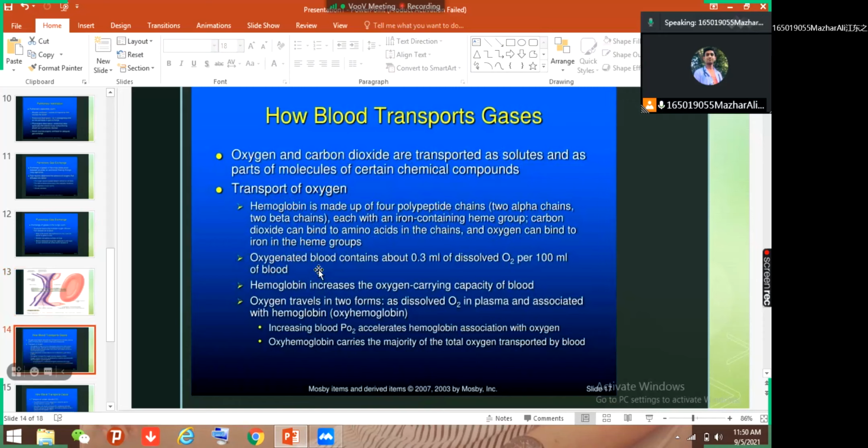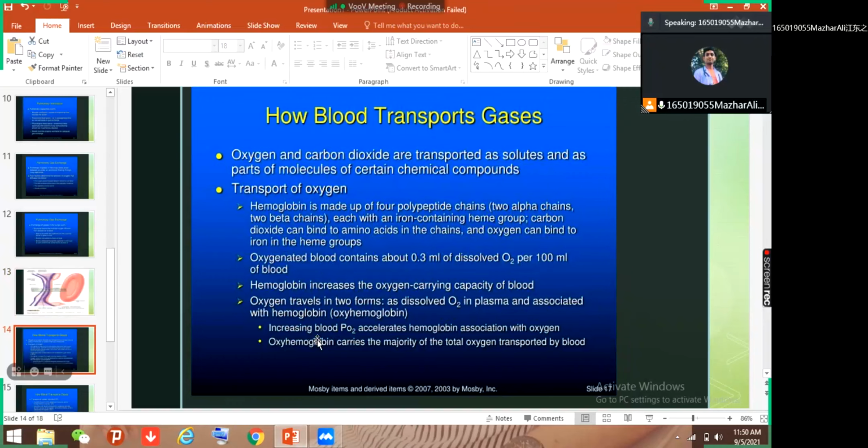So oxygenated blood contains about 0.3 ml of dissolved oxygen per 100 ml of blood. But hemoglobin increases the oxygen-carrying capacity of blood. So oxygen travels in two forms: as dissolved oxygen in plasma, this one, and associated with hemoglobin, this one.